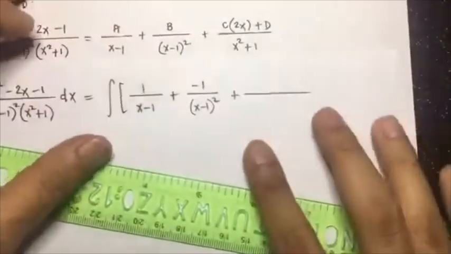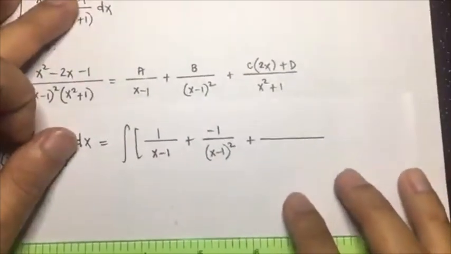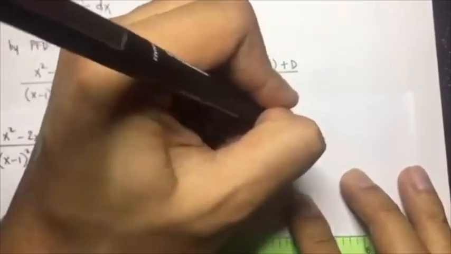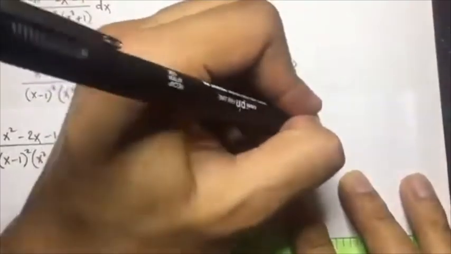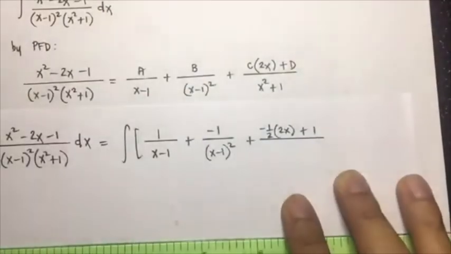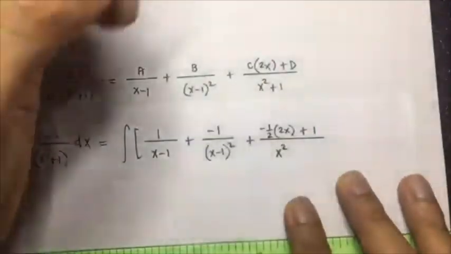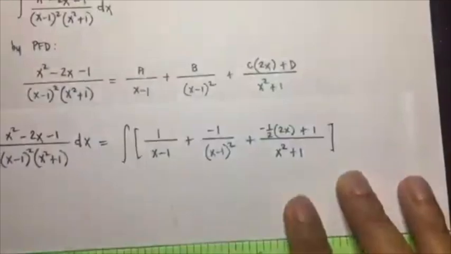So negative 1/2 times 2x, plus d, which is equal to a, which is equal to 1, over x squared plus 1, and then dx.